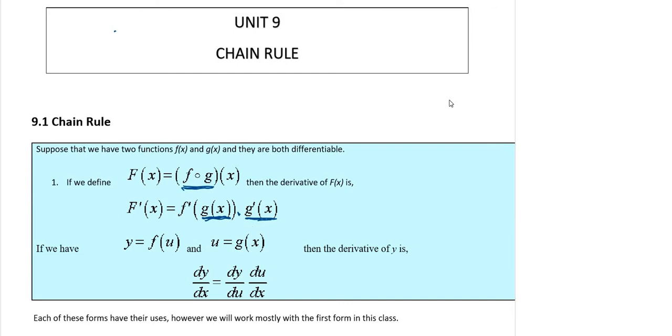Okay, so say now we have 2x plus 1 squared. Let's say this is now our big function F, capital, like in the notation here.